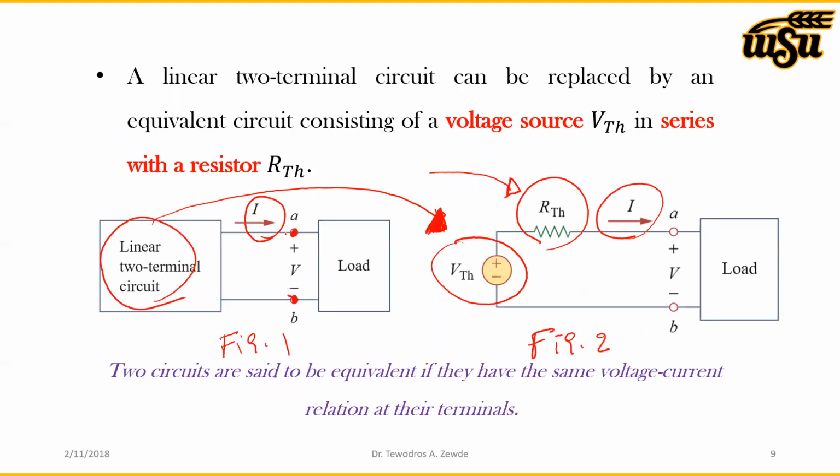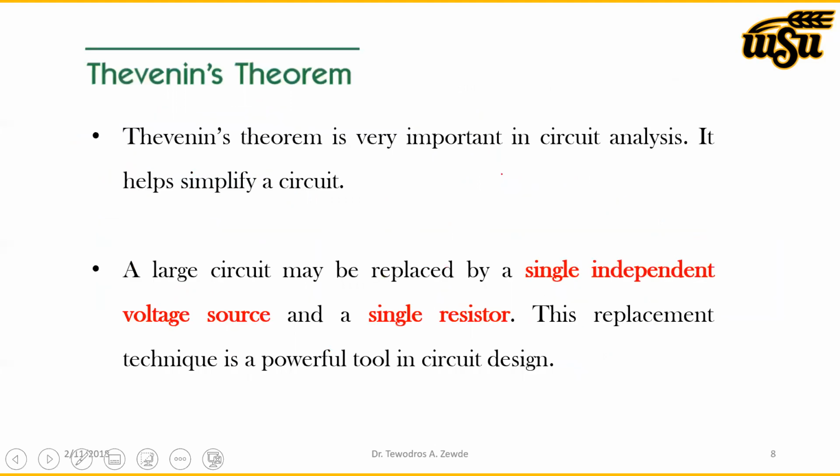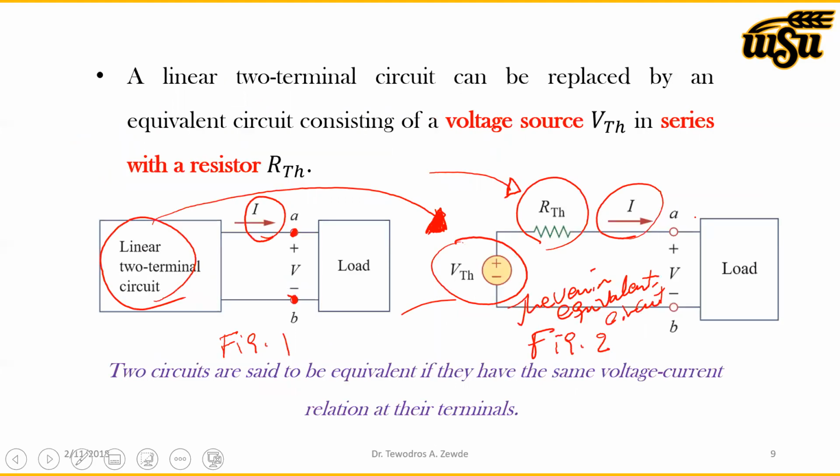So this is the Thevenin equivalent of that network. As I said, it is replaced by a single independent voltage source and a single resistor. So what we did is we replaced everything by a single voltage source and single resistor.